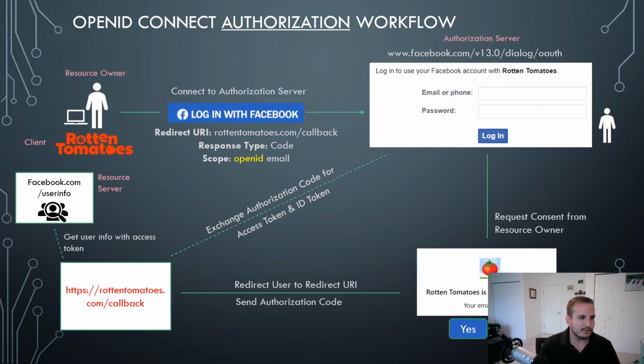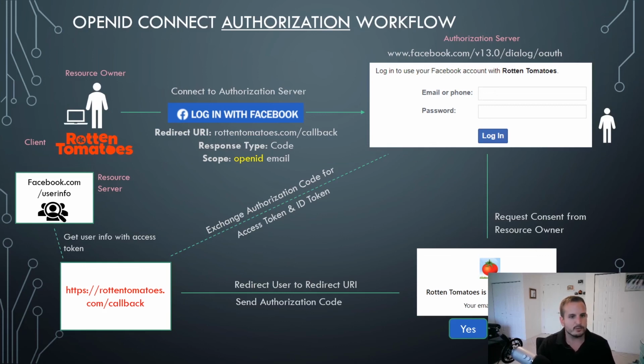So that shouldn't say access token here, that should say ID token. And that's what OpenID Connect is providing us, the ability to gain the information about the user, which wasn't traditionally there with OAuth 2.0.